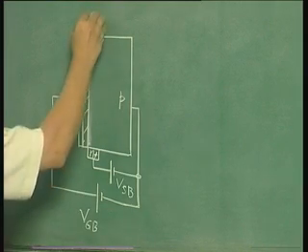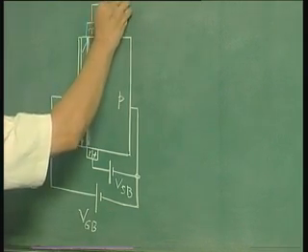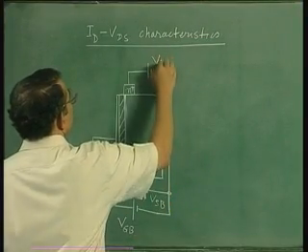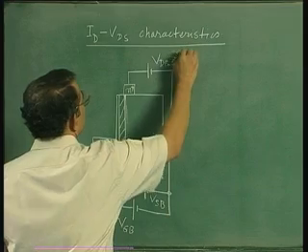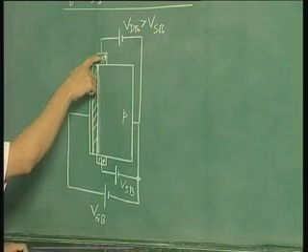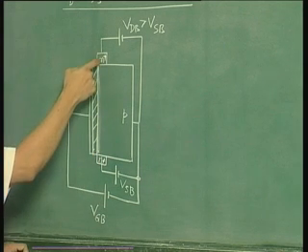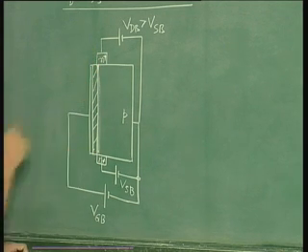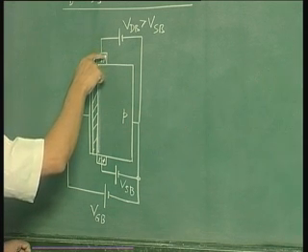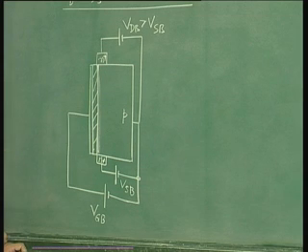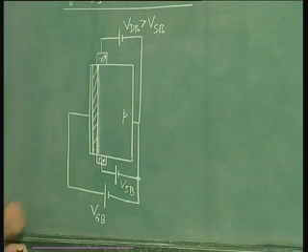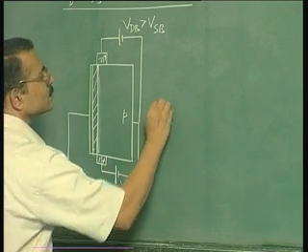And then we have the drain to bulk voltage, VDB. Obviously the VDB is more than VSB, only then this will be called the drain, because then the electrons will move from here to here, or the current will be from here to here. So whichever terminal is more positive is called the drain for an n channel transistor. So whichever n plus terminal is more positive. So here we are considering n channel device.